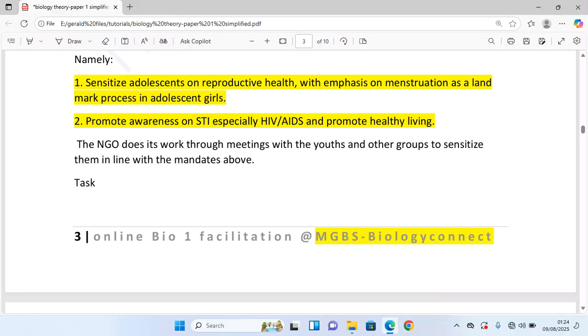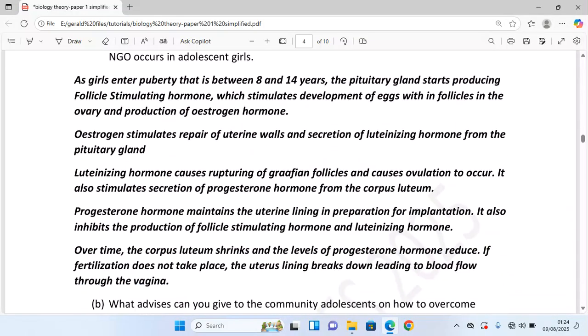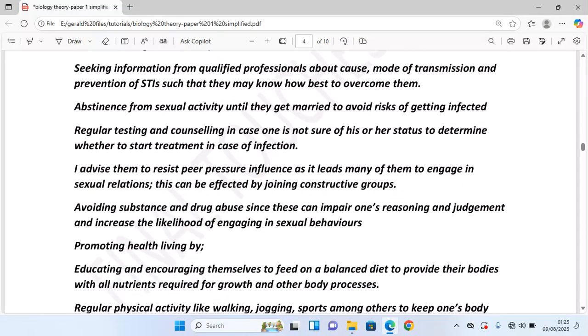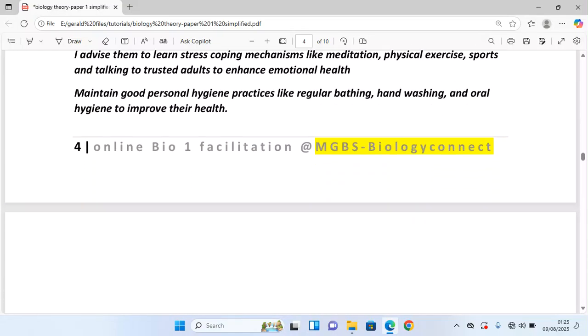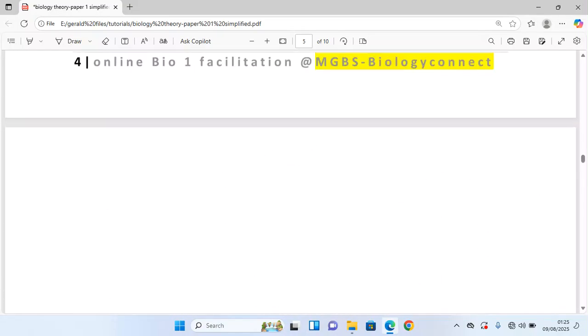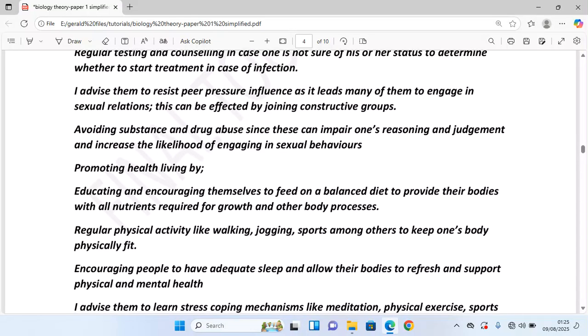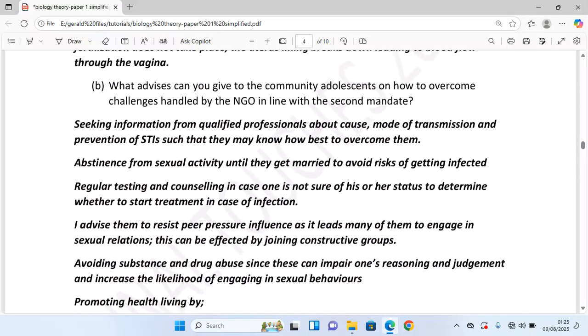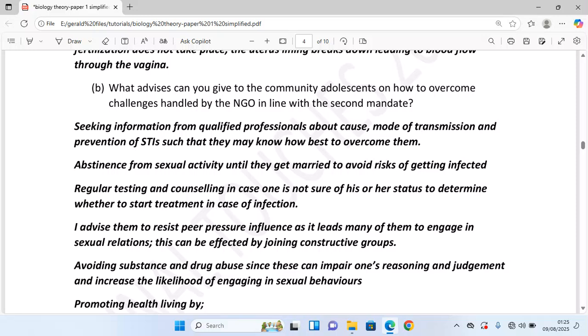So what advice can you give to the community adolescents on how to overcome challenges handled by the NGO? Those are challenges on STIs, especially AIDS, and how to have healthy living.